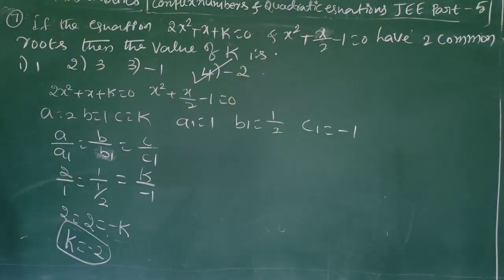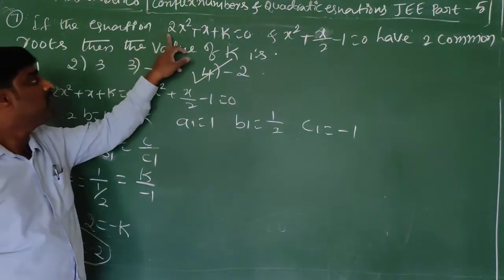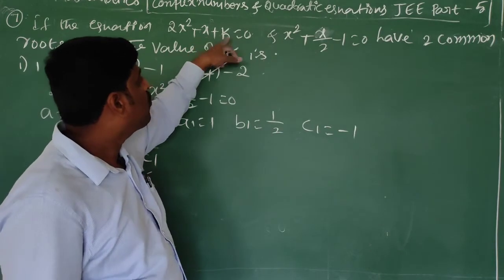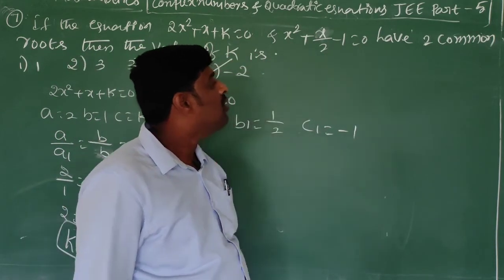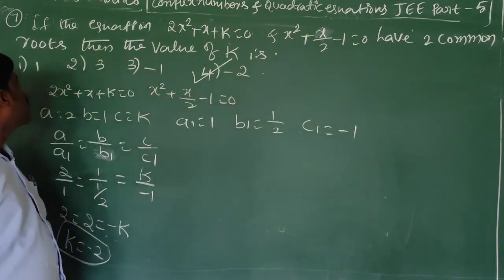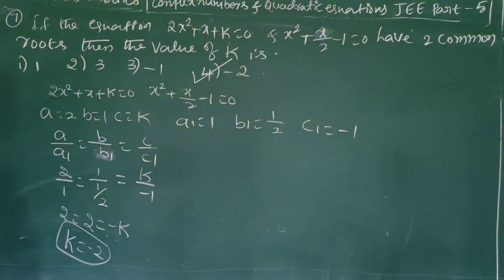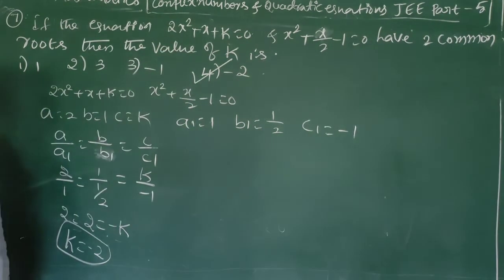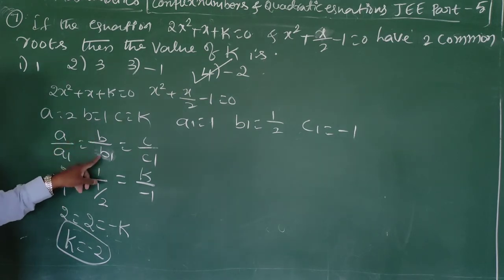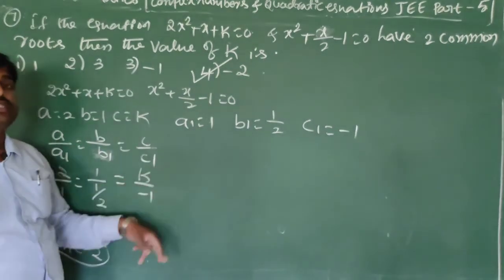If the equations 2x square plus x plus k is equal to 0 and x square plus x by 2 minus 1 is equal to 0 have two common roots, then the value of k is? I mean the two common roots formula is a by a1 is equal to b by b1 is equal to c by c1.